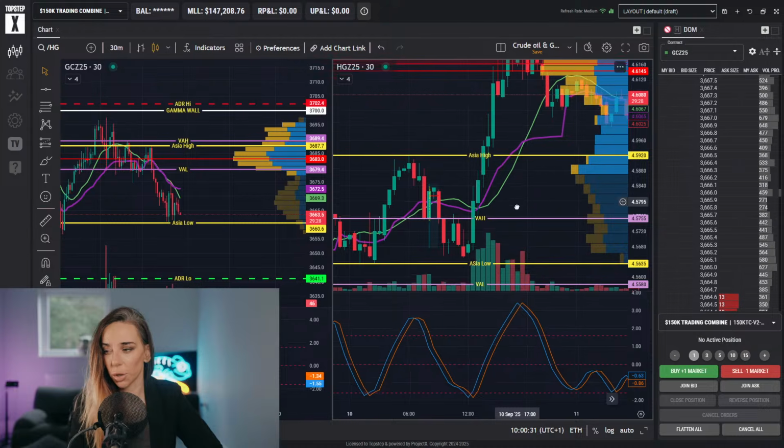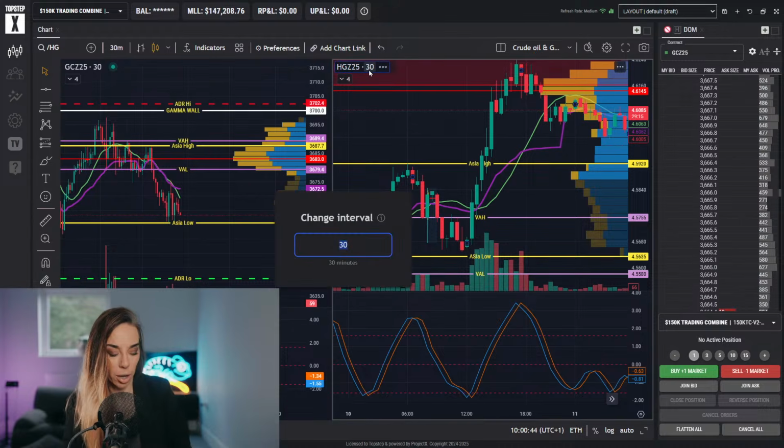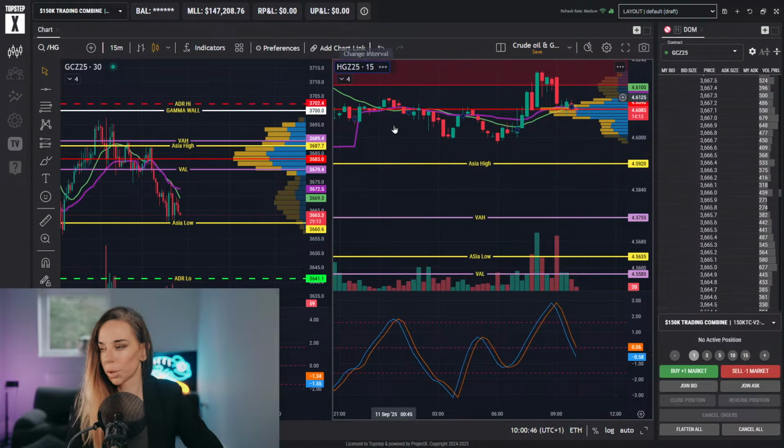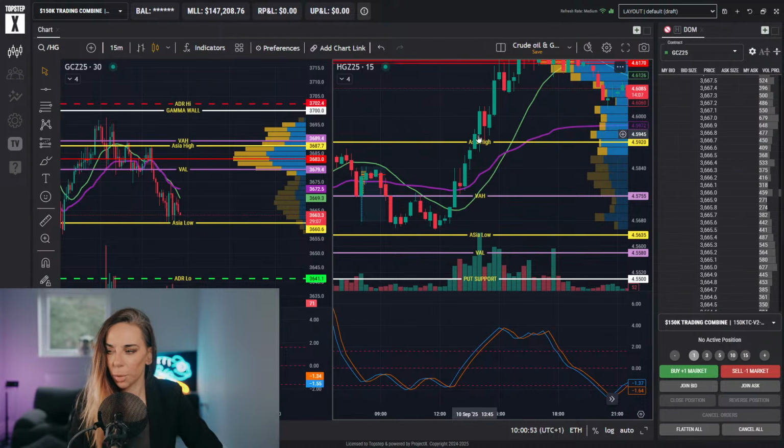These are levels from yesterday because I haven't done copper today. As we broke through it, I was looking at whether we're going to get committed volumes. Yes, that was the case. And then I think it was even a 15-minute time frame that closed above Asia high.